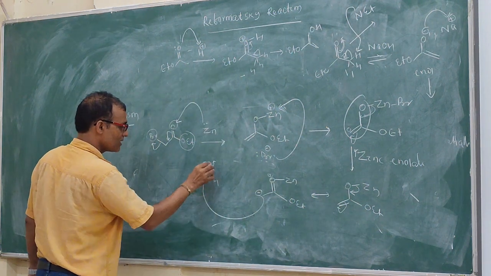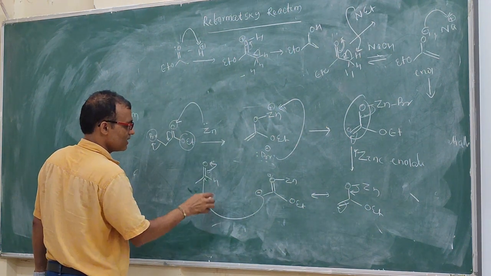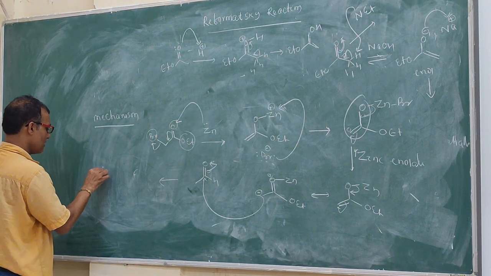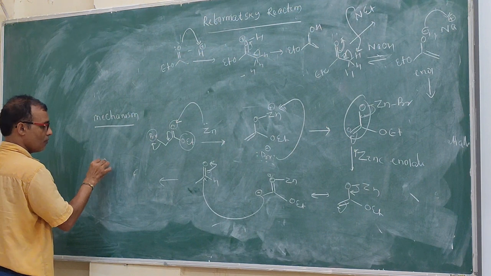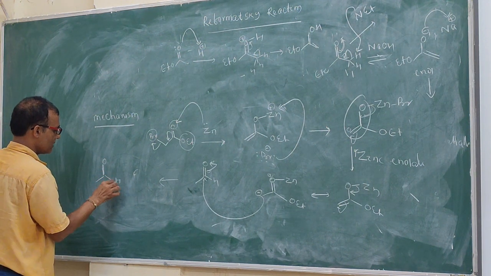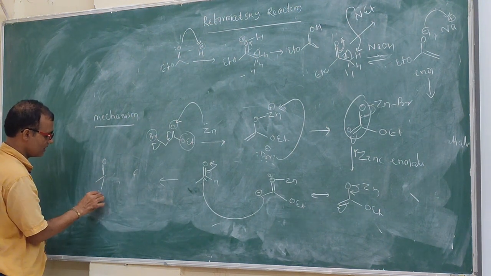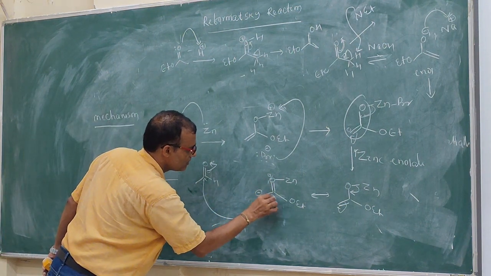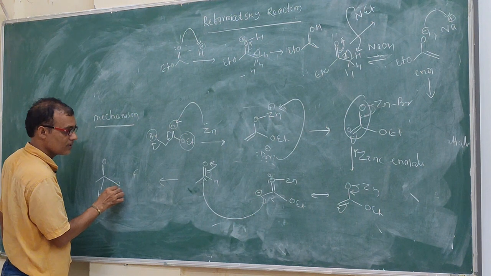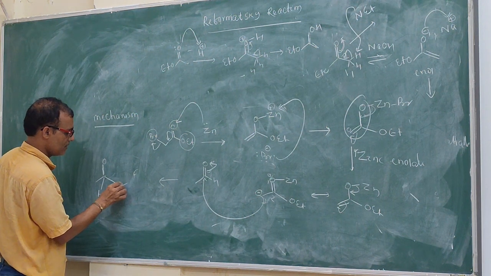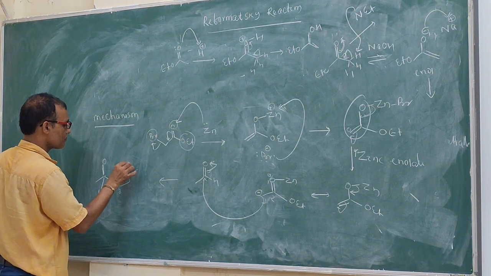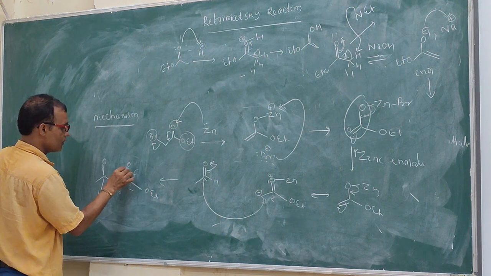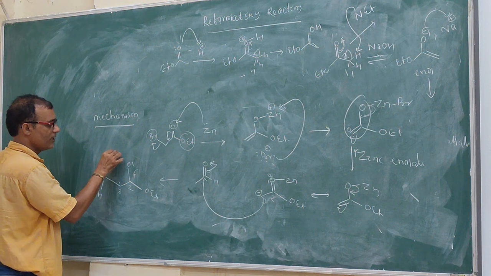Because this zinc, once it attacks here, you will have this O and you have H. I am keeping it this way to make it easier. Now this fellow attacks. Suppose this is 1, this is 2, this is 3. Okay, and this is 3. This is OEt, this is 2, this is 1. So Zn will be here.